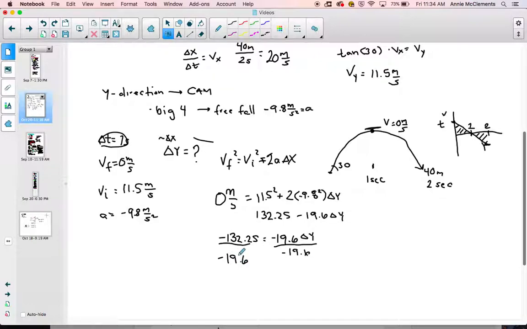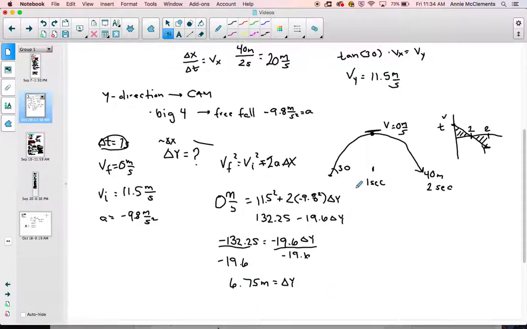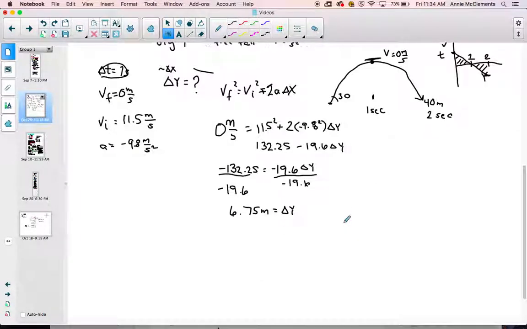And you will get, drum roll please, 6.75 meters equals the change in y. This means that this baseball reached a maximum height of 6.75 meters during this throwing motion.